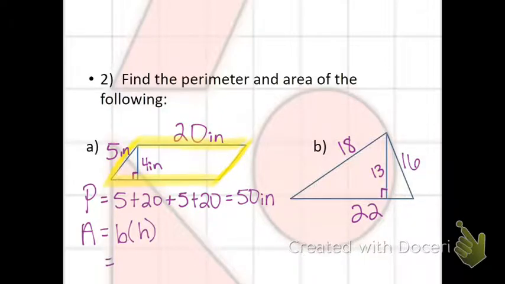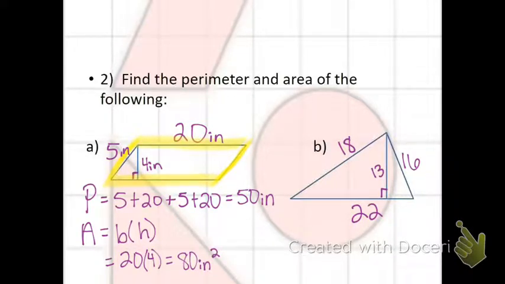The base this time wasn't labeled on the bottom, but it's the same as the top because it's a parallelogram. So my base has a length of 20. The height needs to be perpendicular to that base, so my height this time is 4. I am not using the 5 when I'm calculating my area. Okay, 20 times 4 would be 80. Our units would be inches squared.